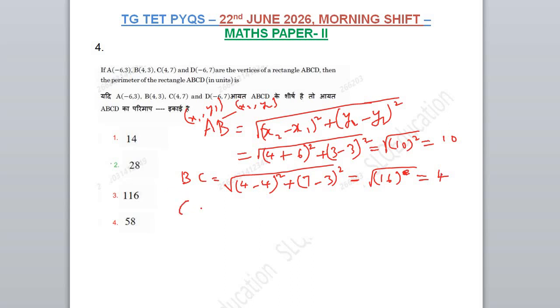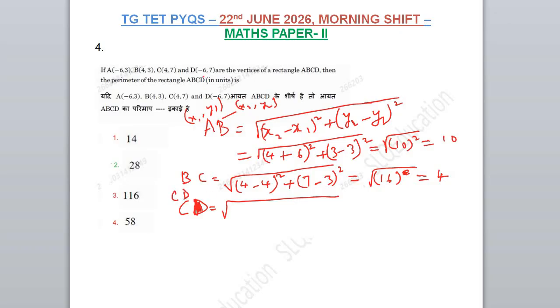The next one is CA. We have to find all the lengths to get the perimeter. I mean CD, not CA. Let us find C and D first.